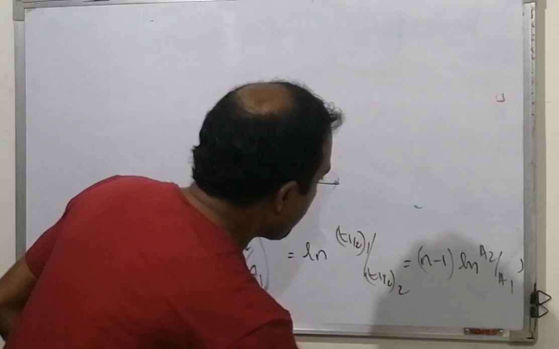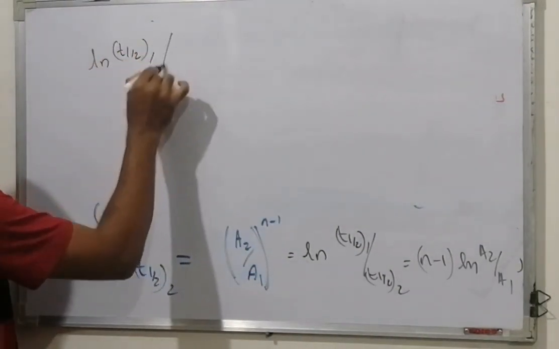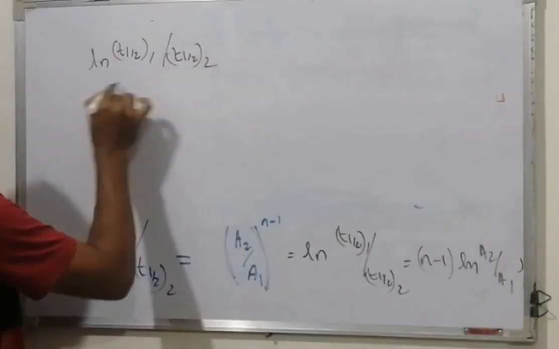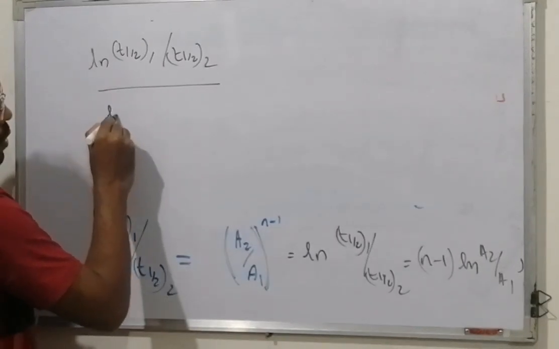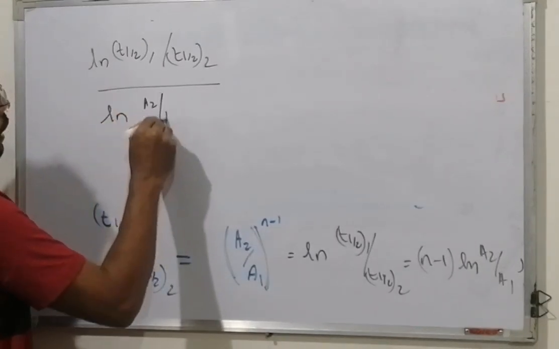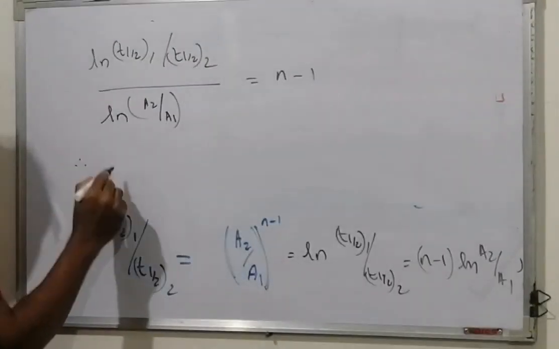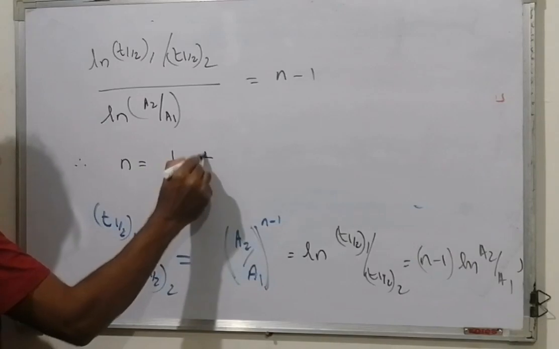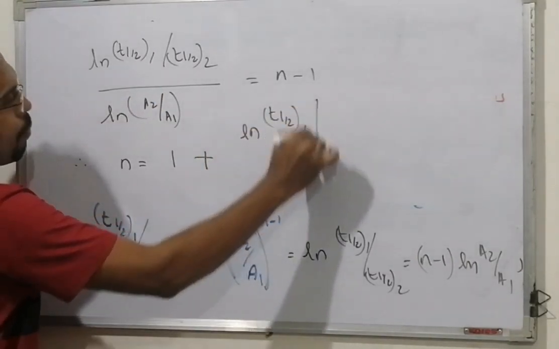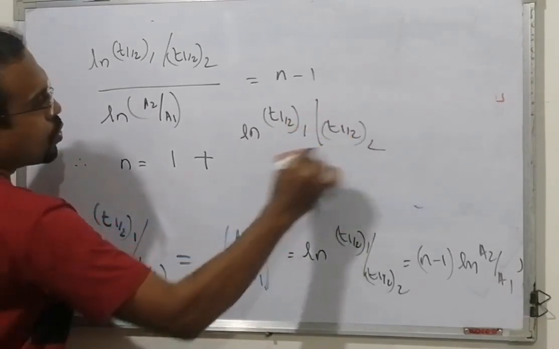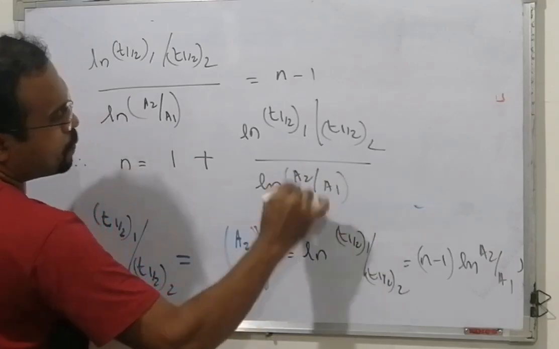Now, ln of t1/2 of 1 upon t1/2 of 2, all divided by ln A2 by A1, is equal to n minus 1. Where n, we know that order, therefore n is equal to 1 plus all this quantity: ln of t1/2 of 1 upon t1/2 of 2, all divided by ln A2 by A1.